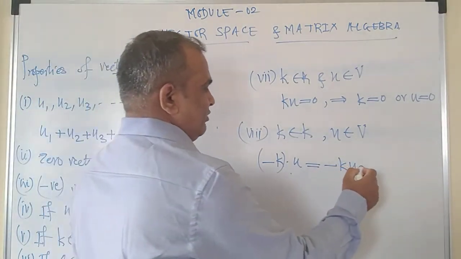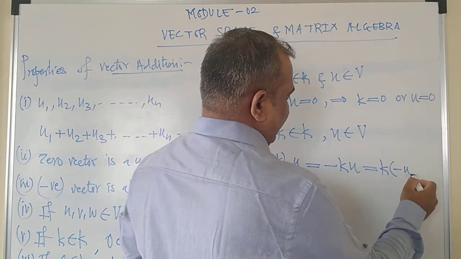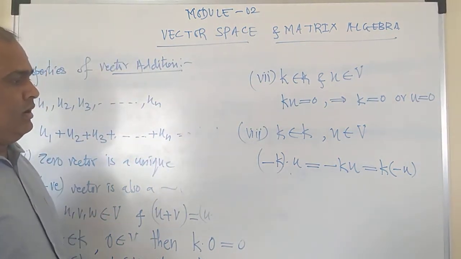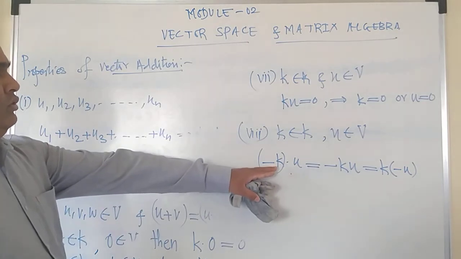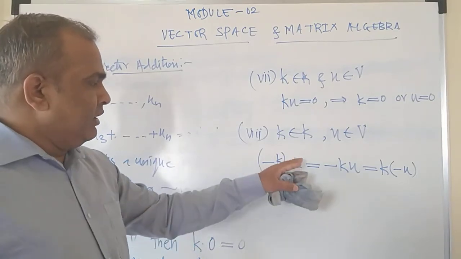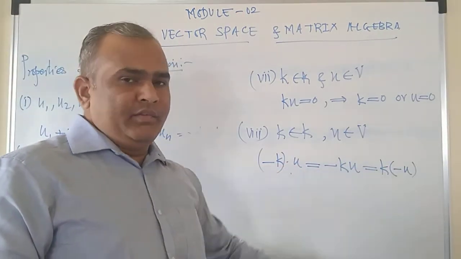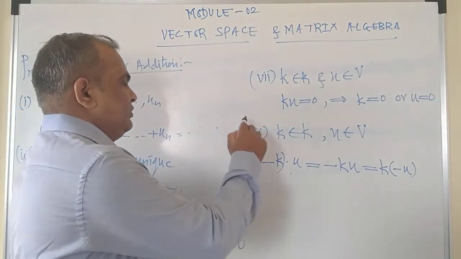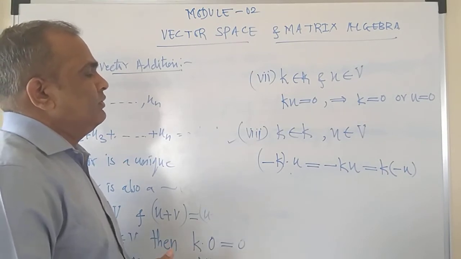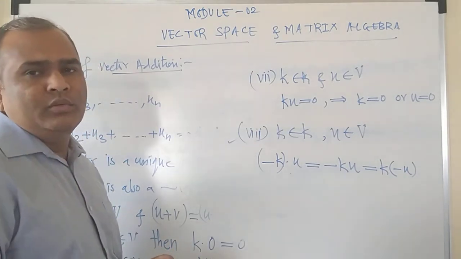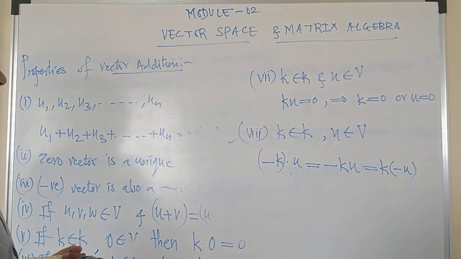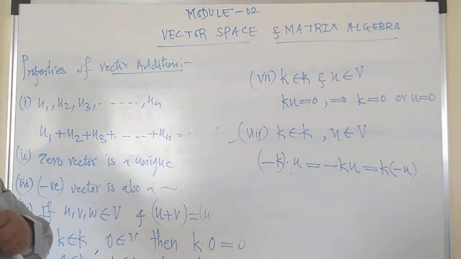Or you can write this as a scalar into negative times the vector, right? So a negative scalar into a vector is equal to a scalar into a negative vector, if k is an element of field K and u is a vector of the vector field. So these are the various properties of the vector additions to understand the vector space, right?